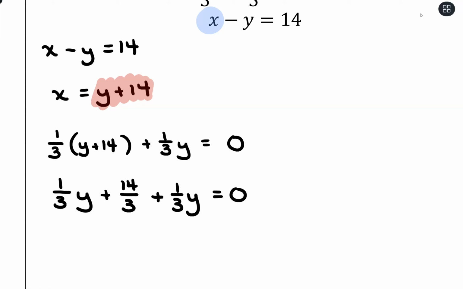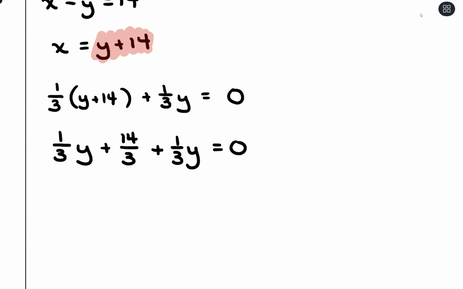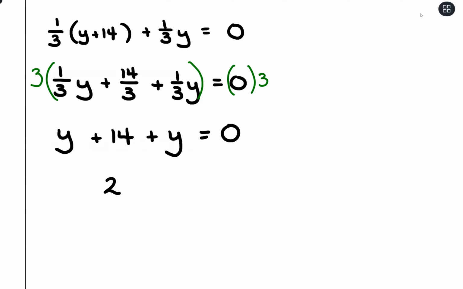And how about at this point we clear out our fractions? We could keep going, but let's just go ahead and multiply everything by the least common denominator, which is 3, and really we're doing that on both sides. So when that 3 distributes, we'll just have 1y plus 14 plus 1y equals 0 times 3, which is 0. That makes things nice and easy.